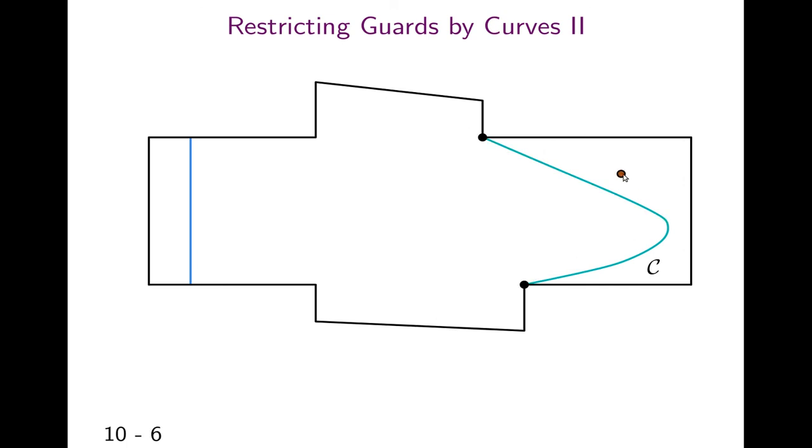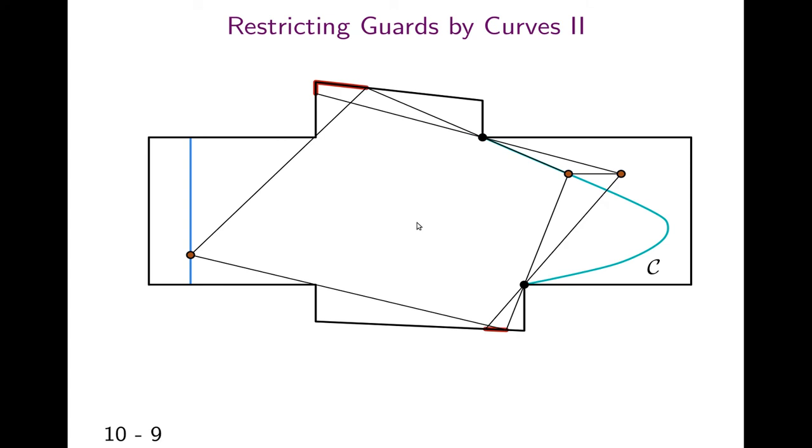So now let's say we are outside, to the right of C. Then we again look at the orthogonal projection towards C. What's happening is that this point here has a point on the blue line such that together they see everything, or the two pockets.